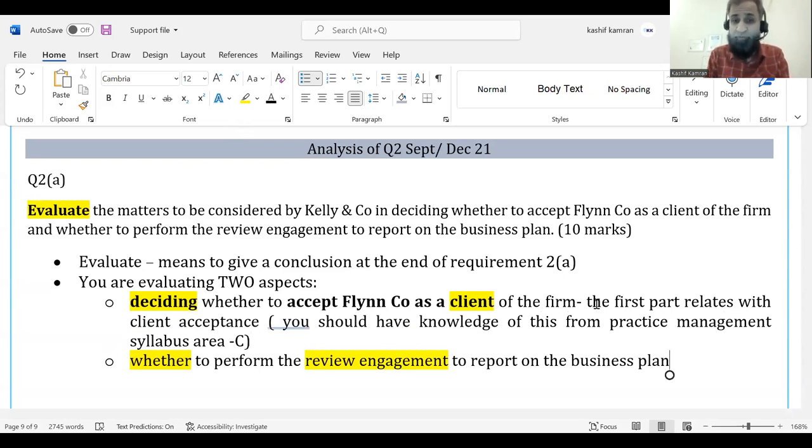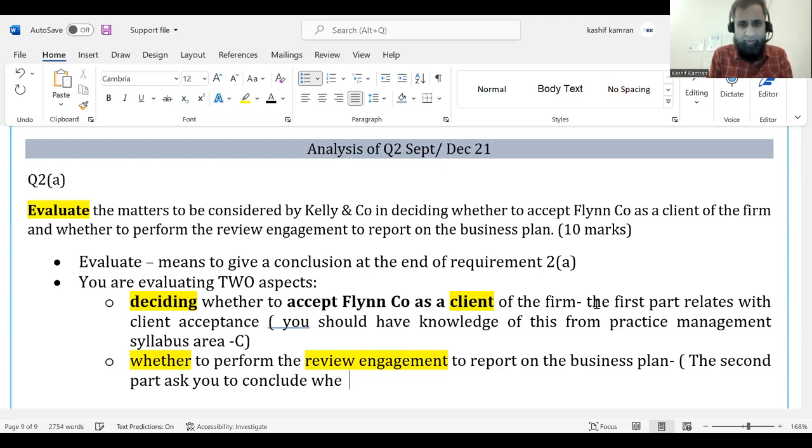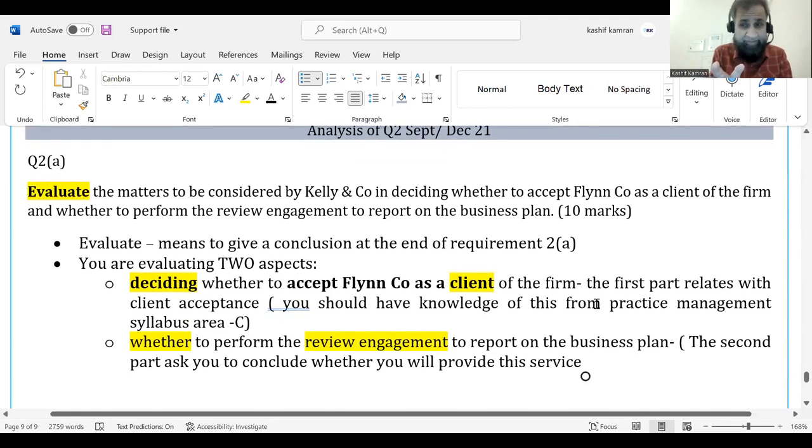And whether to perform the review engagement. The second part asks you to conclude whether you will provide this service. Review engagement is a service, right? Accepting a client is different and offering a service is different, right?